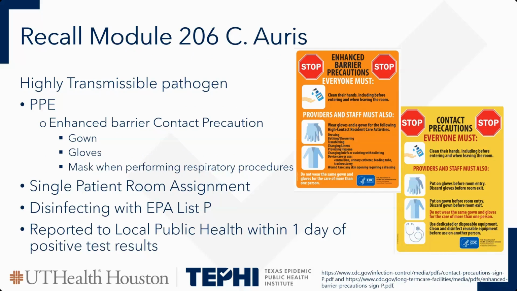Within 1 day of receiving a positive C. auris test result, we need to notify local public health and then send in specific swabs for genetic sequencing on this pathogen, so that we can know its genetic makeup and identify where specific locations are, whether it's the same pathogen or a different pathogen, or if there's genetic variability with the C. auris that we are seeing within our state and within our counties.